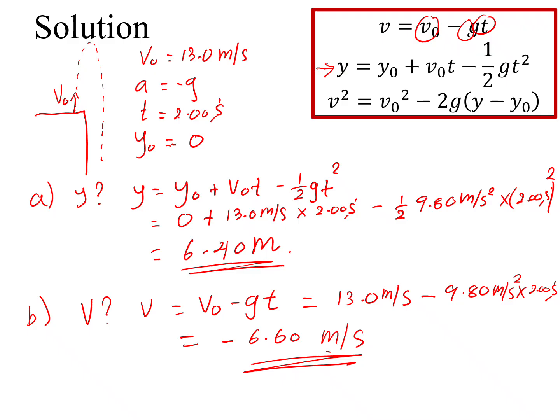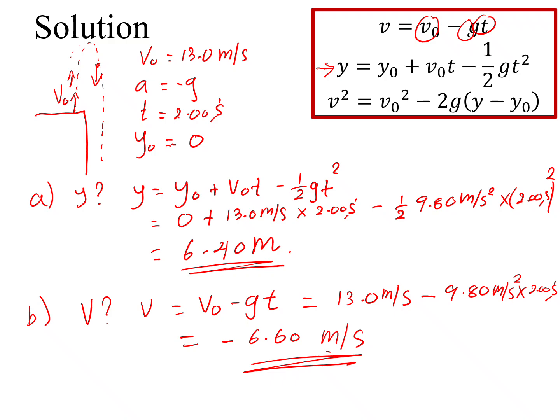So what that means is when you throw the stone up, it goes all the way up and comes down. So when you get a negative value for the final velocity, it means the stone is on the way down, because the velocity is negative means it's downward.